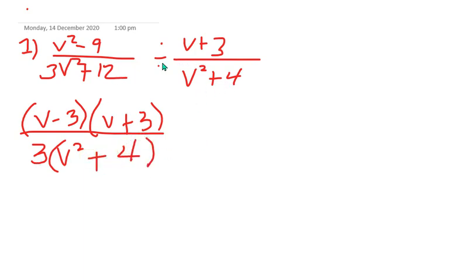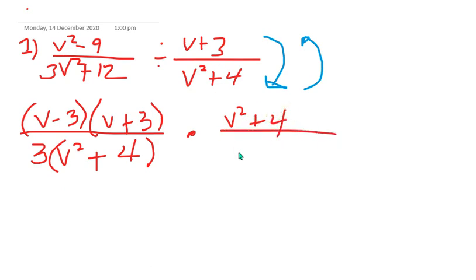Since this is division, you're going to change this to multiplication and get the reciprocal of the divisor, so the denominator now becomes the numerator. We have now v squared plus 4 over v plus 3. We change the operation to multiplication and get the reciprocal of the divisor.